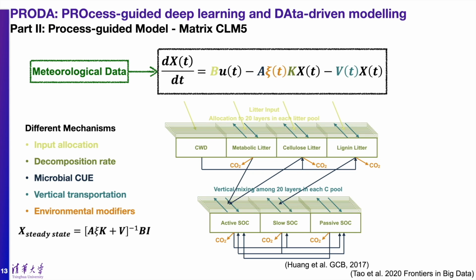carbon. I believe you already know the matrix representation of a carbon model very well after previous studies in this training course. We can use this equation to easily calculate the soil carbon stock at steady state.